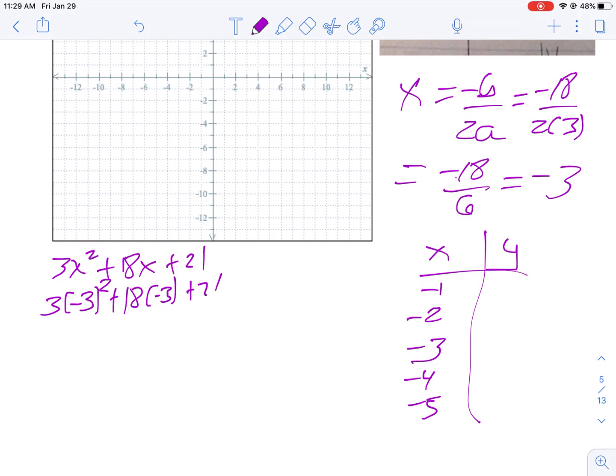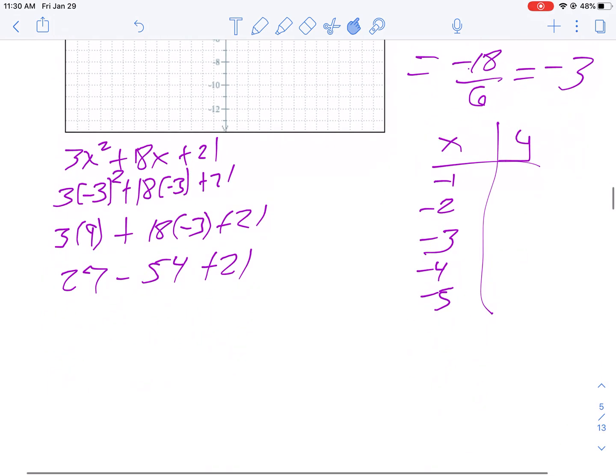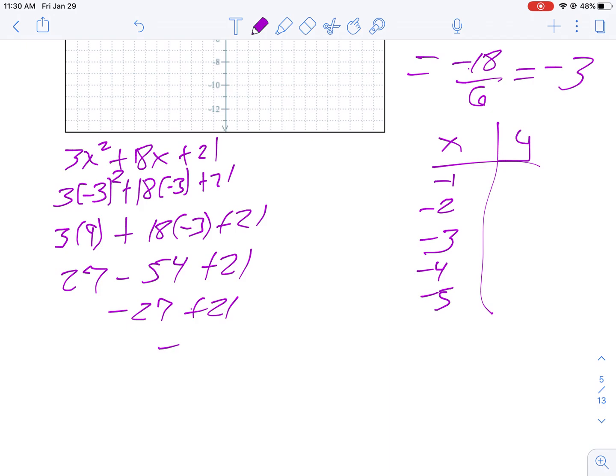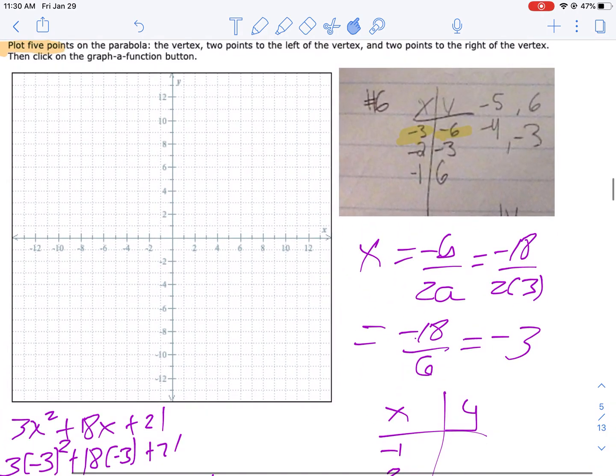Well, -3 squared is +9. So it's 3 times 9 plus 18 times -3 plus 21. 3 times 9 is 27. 18 times -3, that's -54. So I'll say -54 plus 21. Well, 27 minus 54, that's -27, plus 21, that's -6. Notice you had that right. So I'm going to plot this. I'm going to go -3 and -6.